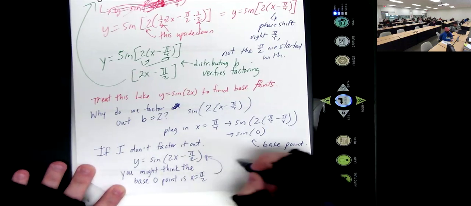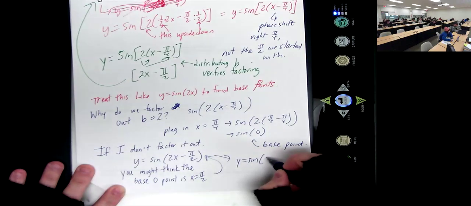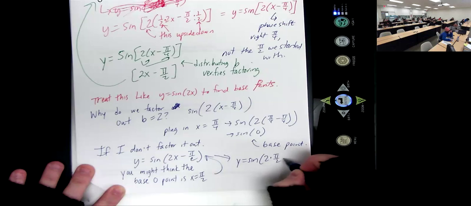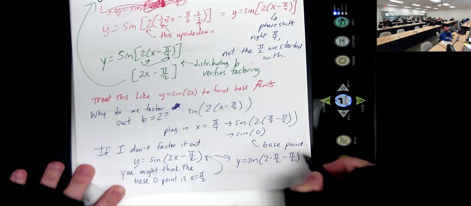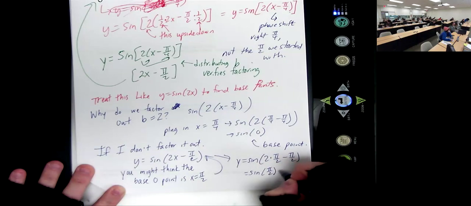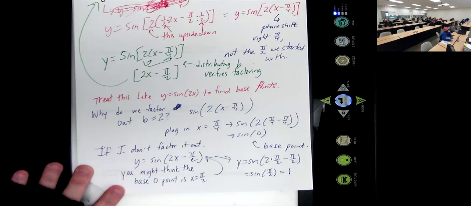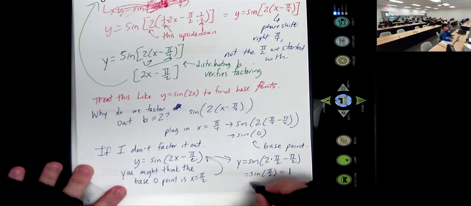But if I put pi over 2 in, I get y equals sine of 2 times pi over 2 minus pi over 2, which is sine of pi over 2, which is 1. That's not right, sine starts at 0.